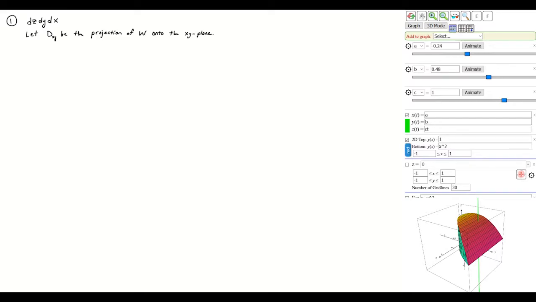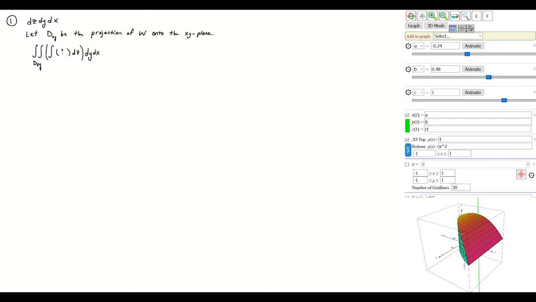So with that being said, what we want to do now is identify this. dy dx. So that's ultimately what we're trying to set up.